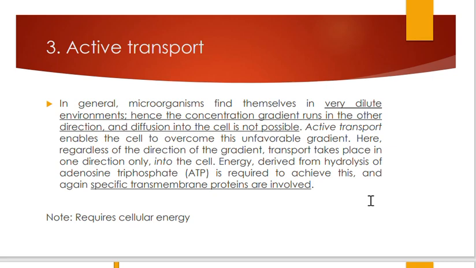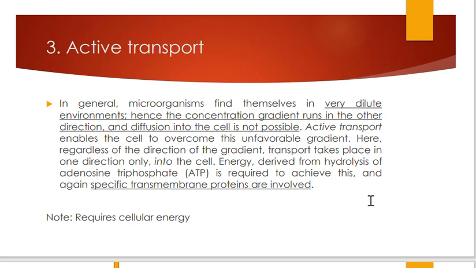So, the concentration gradient can run in the other direction and there is no diffusion into the cell during active transport. Okay? So, active transport will enable the cell to overcome this unfavorable gradient. Okay? Here, regardless of the direction of the gradient, the transport takes place in one direction only, into the cell.